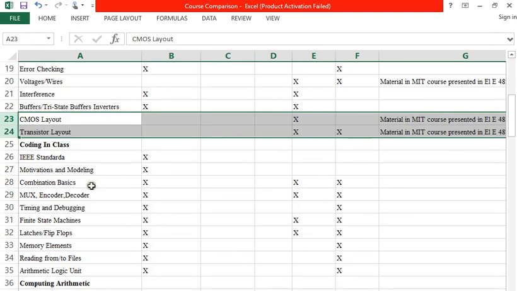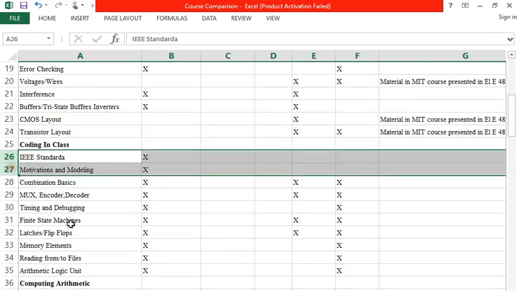So coding standards, we went over the IEEE standards and motivations and modeling. I thought that really hasn't been covered anywhere, so I wanted to give you guys perspective on that. Combinational basics, you'll notice that USF and Mississippi State don't really cover this at all. Timing and debugging, multiplexers, encoder and decoder, latches and flip-flops, memory elements, and reading to and from files.